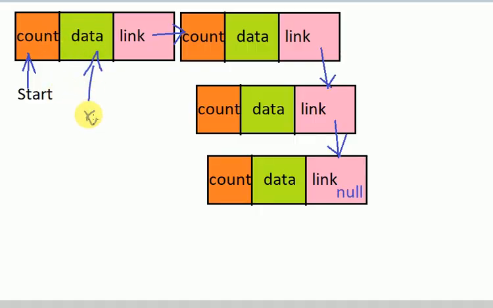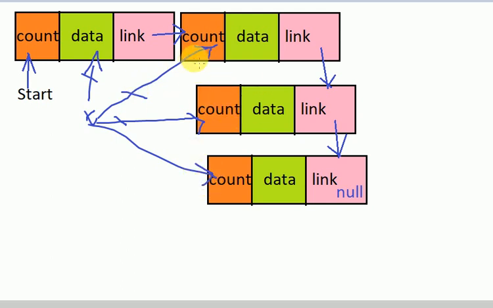Pretty much the same thing here. First time temp points to the first node, it prints the data here, and now I make it point to the second node, prints the data here, and now make it point to the third node, prints the data here, now make it point to the last node, prints the data here.